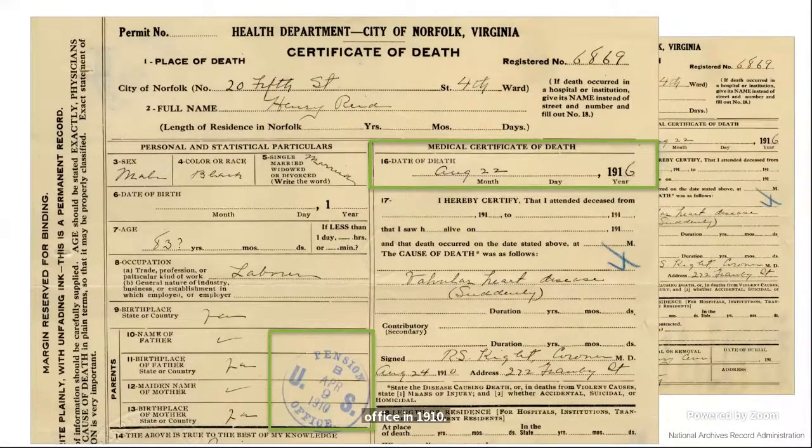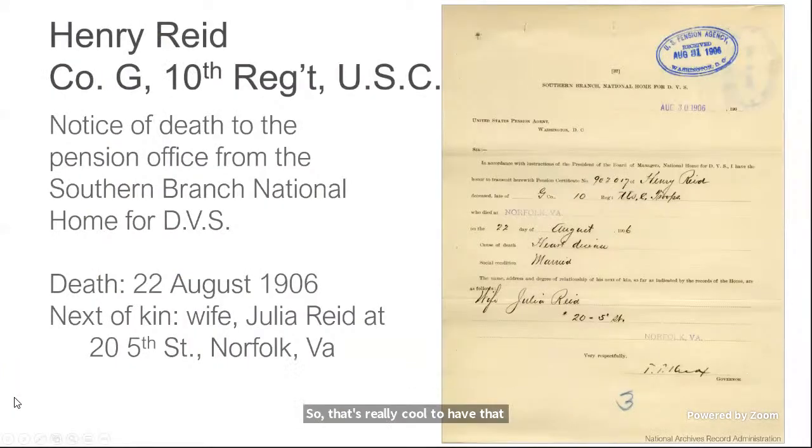So that's probably a really bad zero there. But there are additional documents that help clarify what's going on here for his death. But they think he's 83. They put a question mark here. So that's really cool to have that right in the packet.